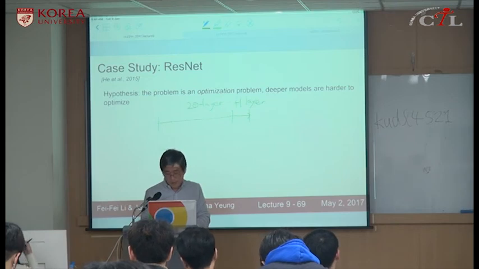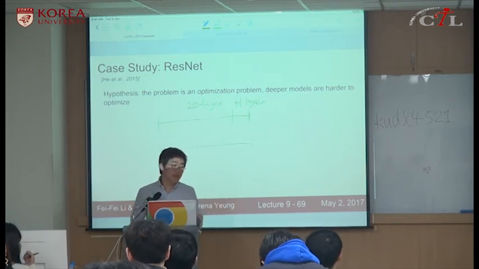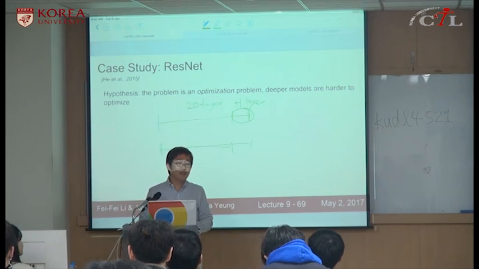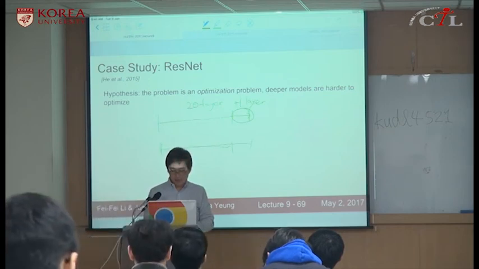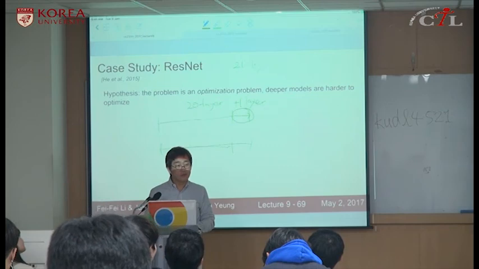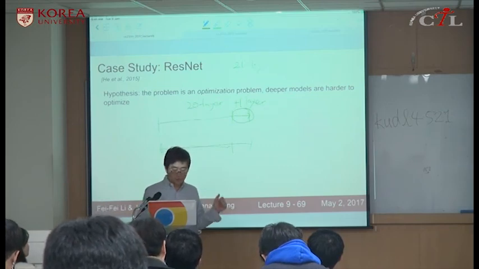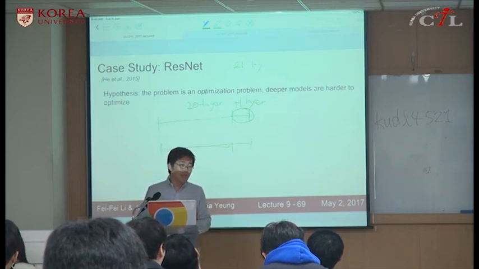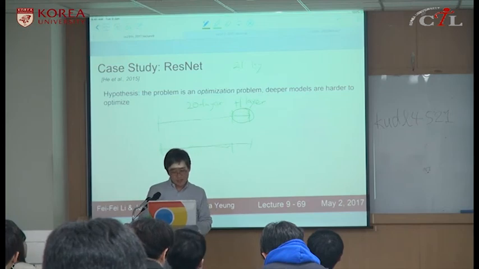If this 21 layer model performs just as well as the 20 layer model, then this part should work just as an identity mapping, right? In that case, the 21 layer model will work exactly the same as the 20 layer model. But that is actually difficult to obtain. So that is his hypothesis.